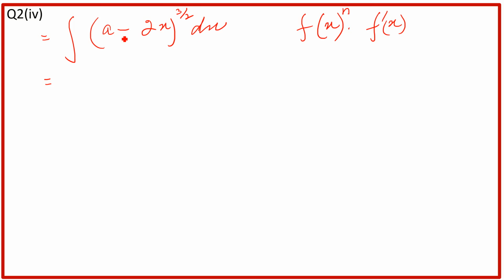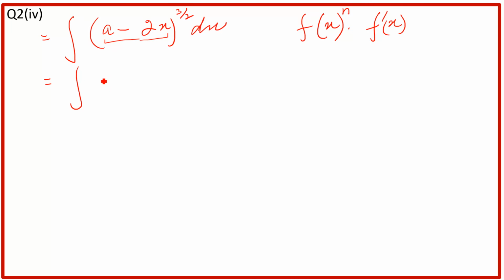See, this is the theorem: a minus 2x, right? If we have this expression raised to power n or exponent n, there should be the derivative of this function. Whatever is inside the parenthesis, not the exponent, whatever you have inside the parenthesis, there should be the derivative, and the derivative is minus 2 or negative 2 because a is constant.